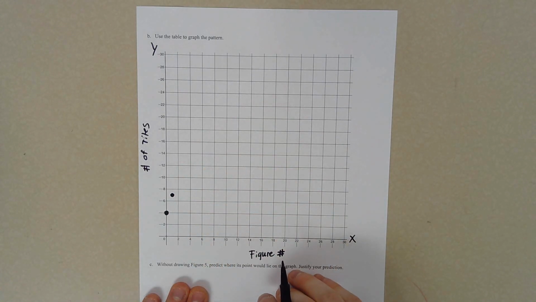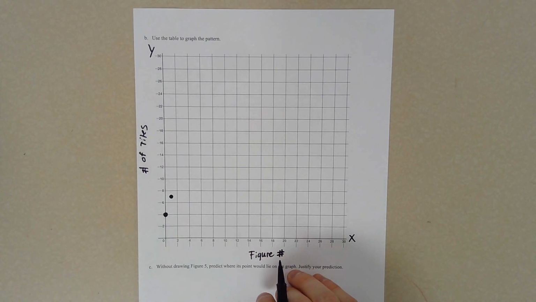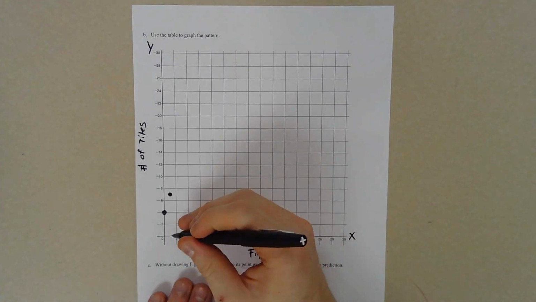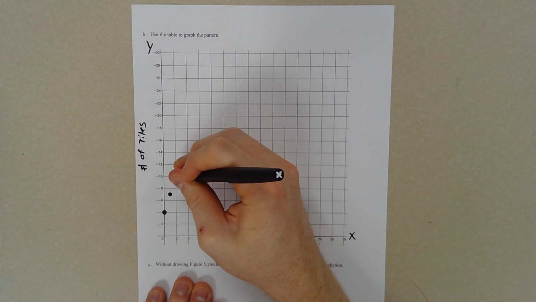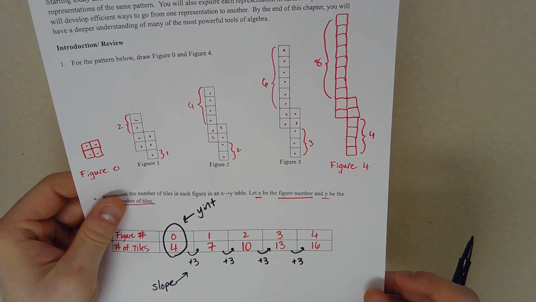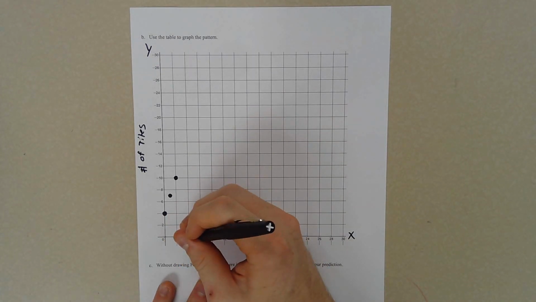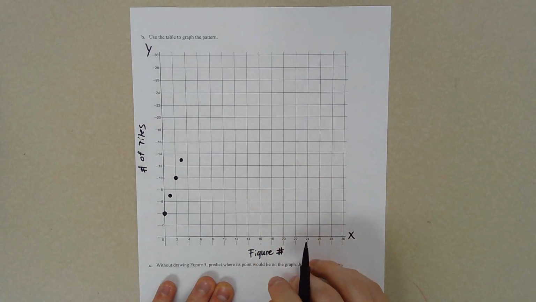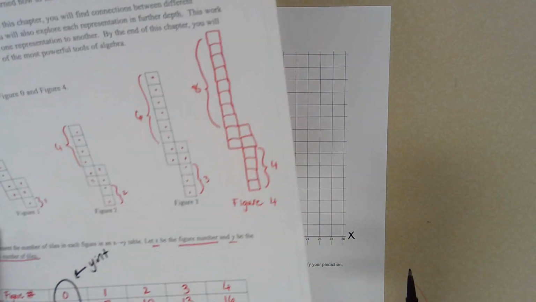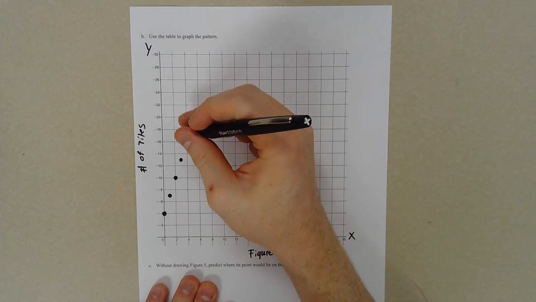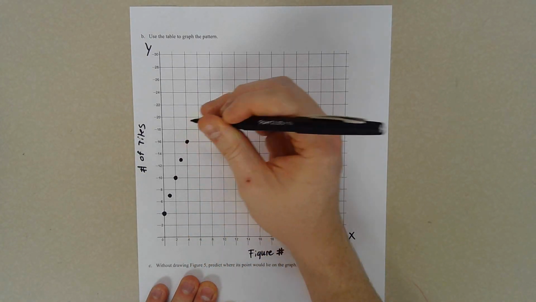So it'll be about 1, 7. Our next point is at 2, 10. So we go over to 2, we go up to 10. Third point, 3, 13. We go over to 3, up to 13. And then last but not least, 4, 16. So we go over to 4, and we go up to 16.